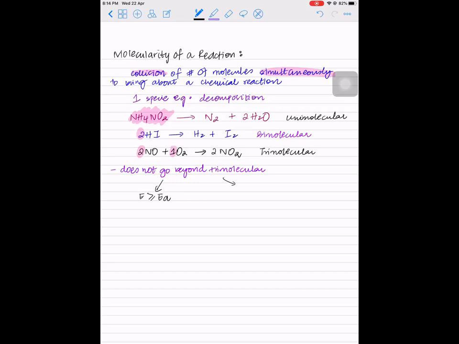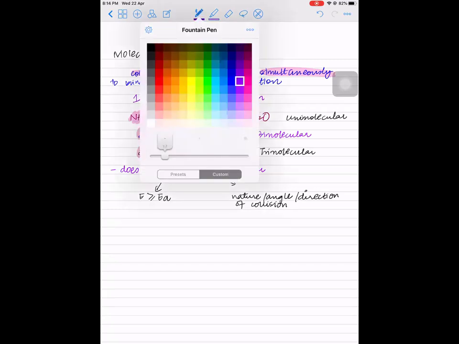Secondly, the arrangement of the particles must be right; there has to be a specific way, the angle or direction of collision, which would give us successful collisions. If they don't collide in the right manner, there will be no successful collisions.